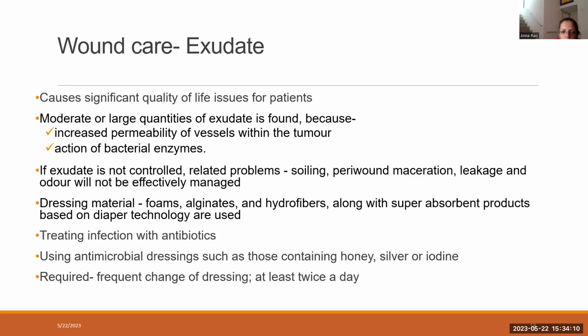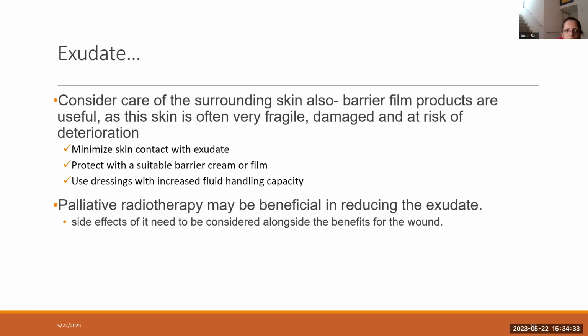Treatment of infection with antibiotics we just discussed. Even local materials like honey or silver or iodine are also very helpful because of their antimicrobial properties, so they can also be used. Here a barrier film should be applied, so karaya paste is applied, right?